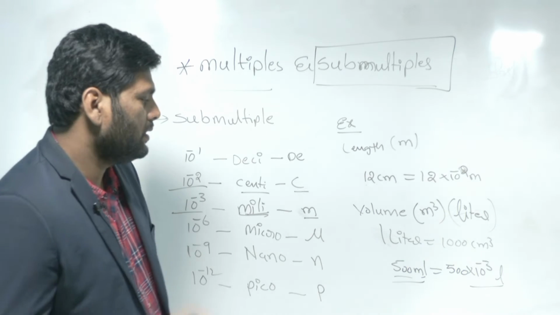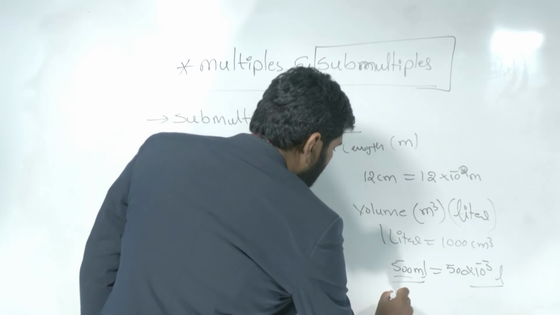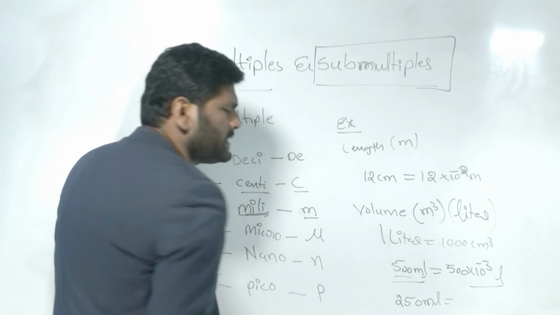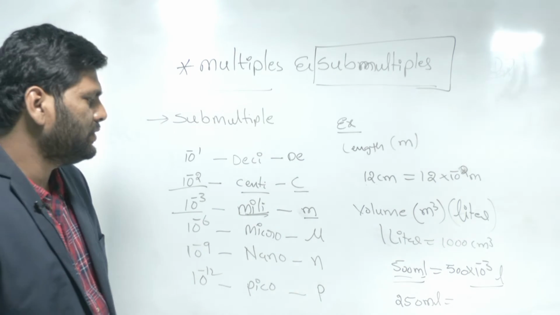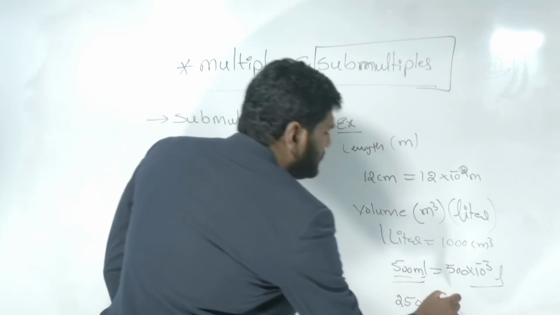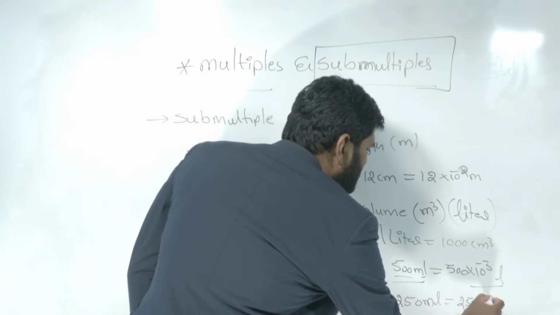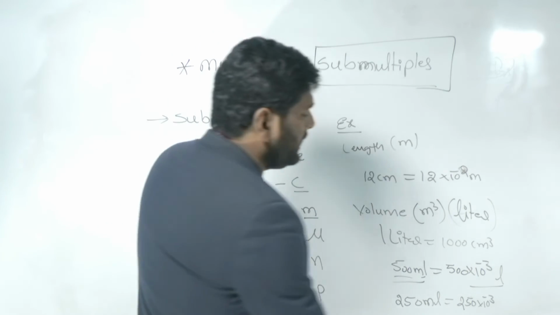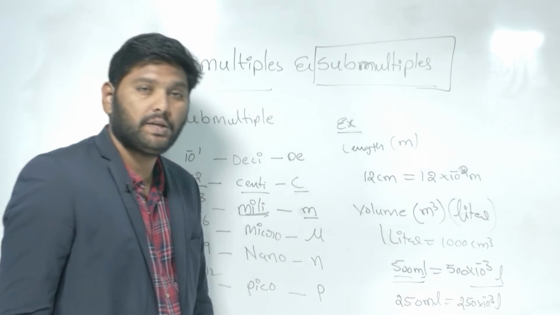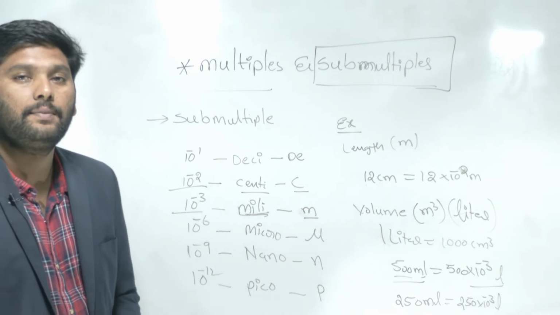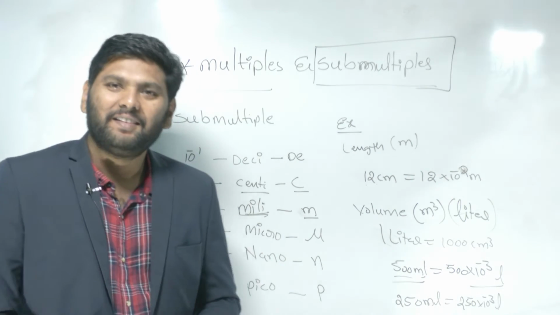One more quantity you can observe in our daily life, 250 ml. What is this 250 ml? In 250 ml, M stands for 10 power minus 3 and L stands for liter, which means 250 into 10 power minus 3 liter. And 90 ml.